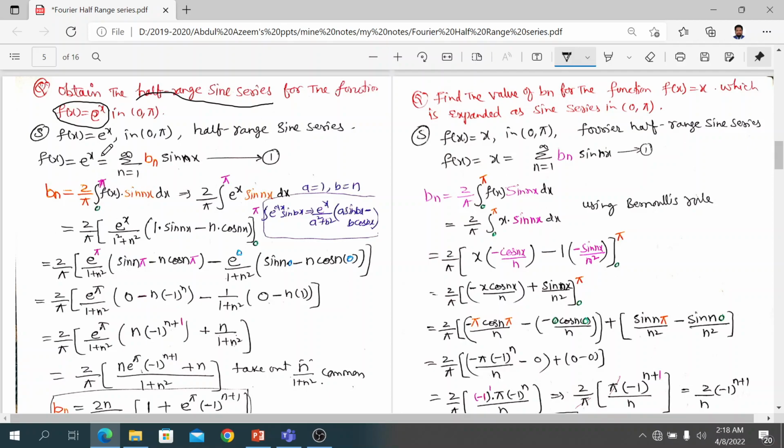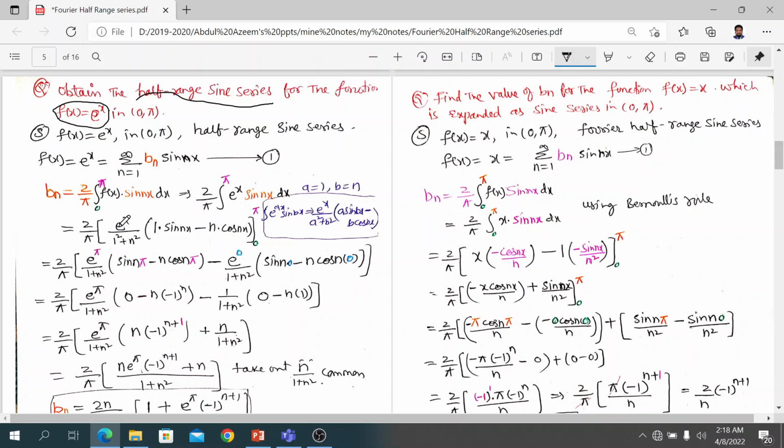What is f of x? e power of x. Since we have e power of x sine nx, we have a formula: integration e power of ax sine bx is e power of ax by a square plus b square, a sine bx minus b cos bx. See here, a means 1, b means n. Substitute here.